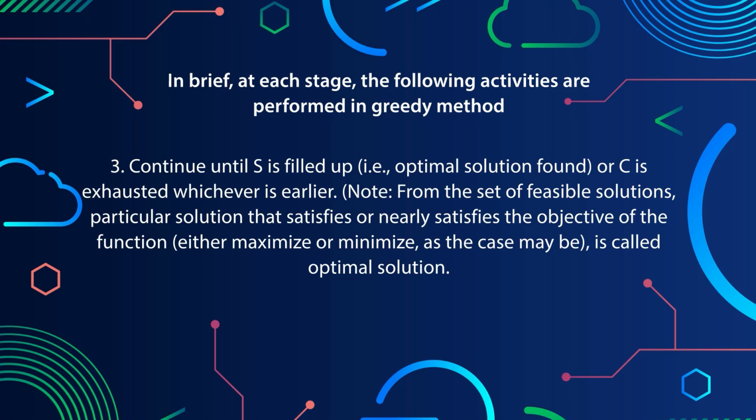What you obtain in the end will be called an optimal solution. So you have to continue until the solution set S is filled up, or the candidate set C is fully exhausted. Whichever is earlier, you keep doing the process, and in the end you will get the optimal solution.